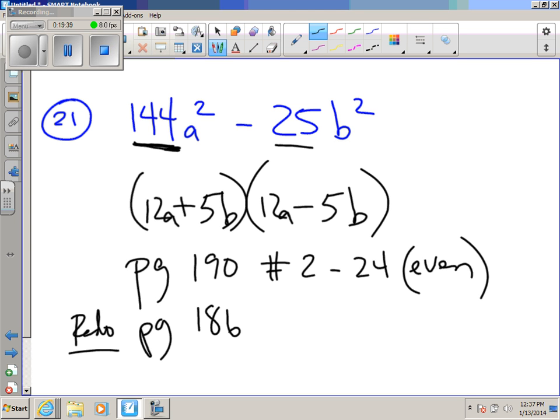Page 186, we did 34 to 50 even. And 22 to 30 even.